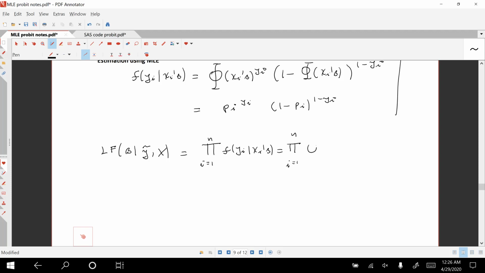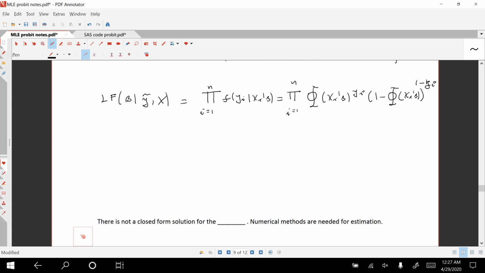It's very standard, so we basically copy that, and we know that's a multiplication. 1 minus theta to the 1 minus yi. Okay, so that's our likelihood function, and then we can find our log likelihood function.